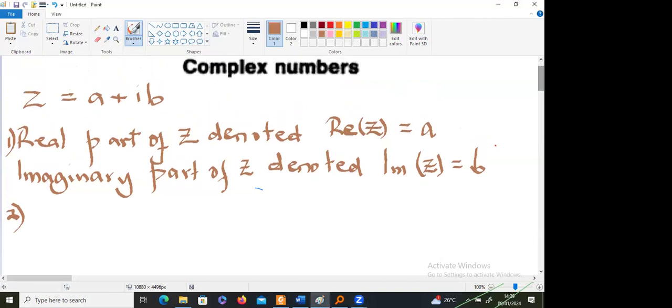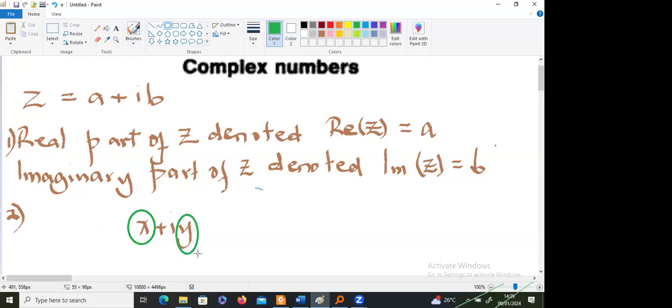When you have a complex number Z, the complex number will have a real part and an imaginary part. So if I have a complex number x plus iy, for x plus iy, this part here is the real part, and then this part here is the imaginary part.